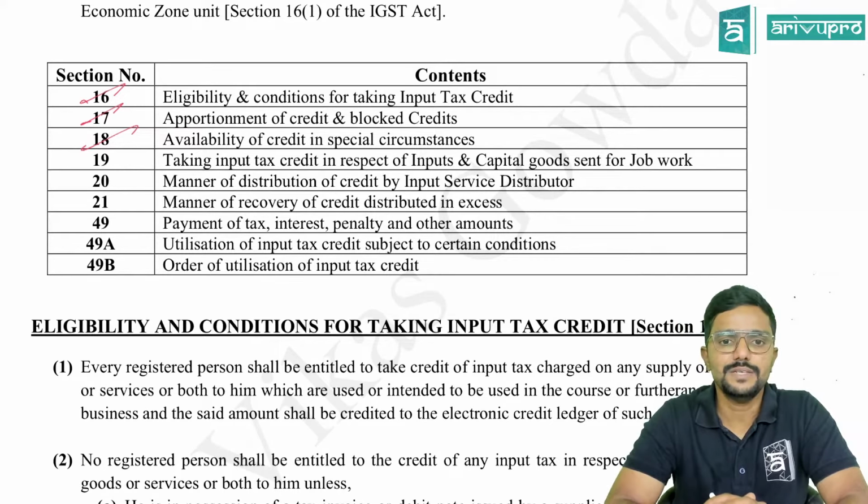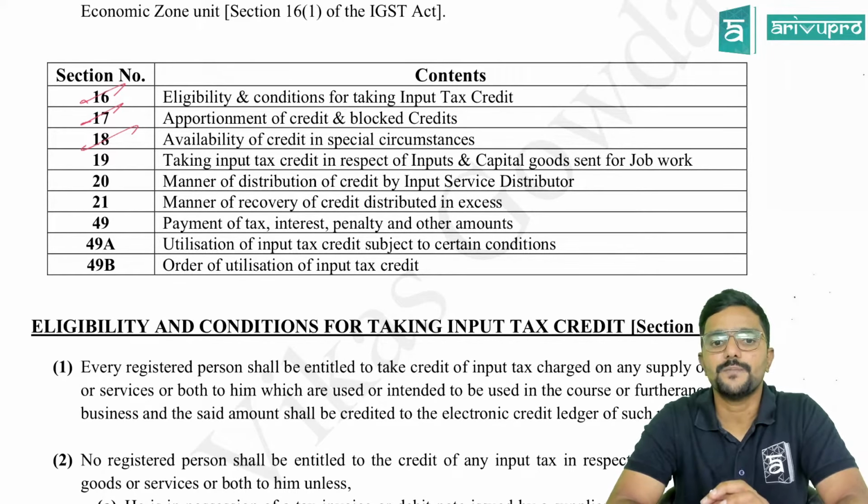Clear? Next one, 21. Manner of recovery of credit distributed in excess.